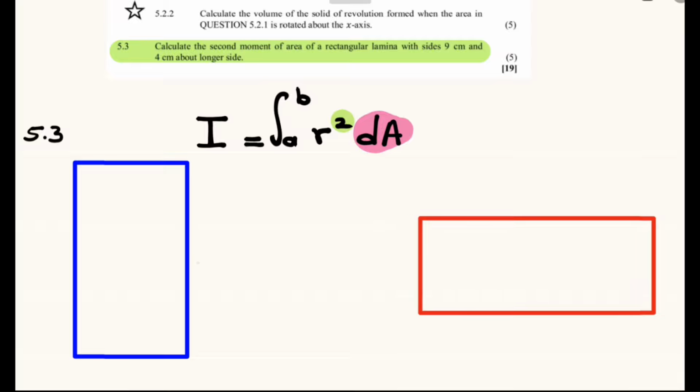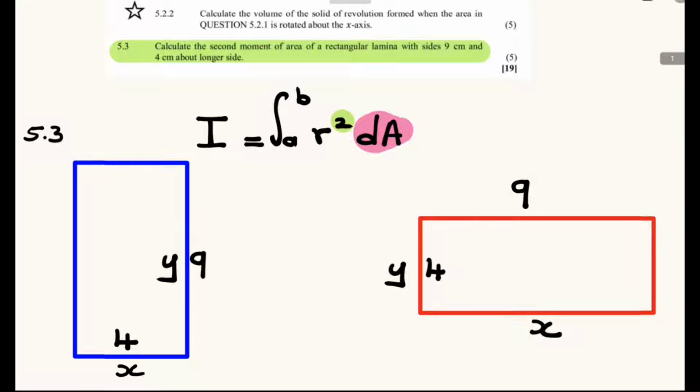We can have the vertical as equal 9 centimeters and the horizontal as equal 4 centimeters, or have the horizontal as equal 9 centimeters and the vertical equal 4 centimeters. So we can have y is equal to 4 and x is equal to 9, or x is equal to 4 and y is equal 9.